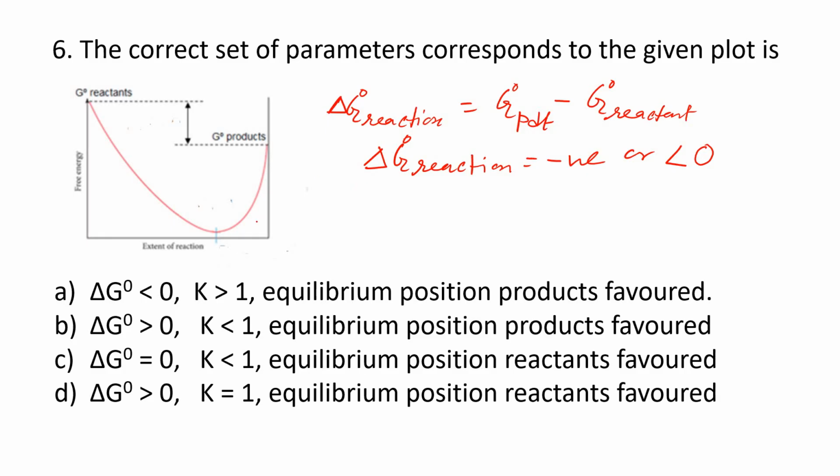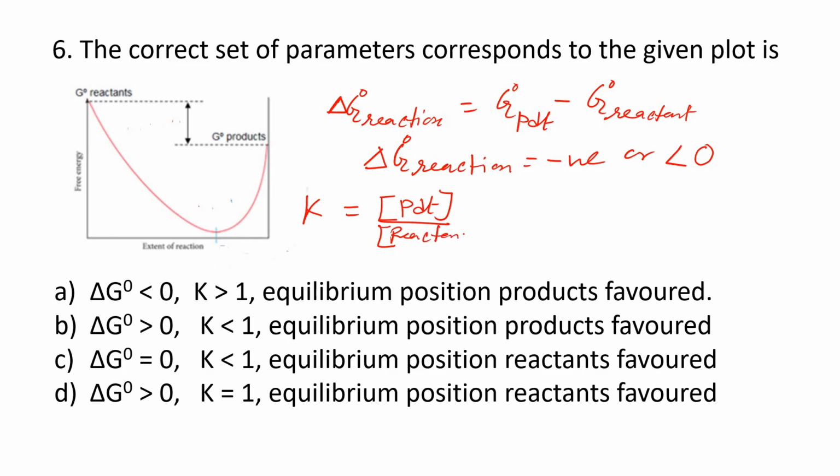Fine. Now look at this curve. Here the equilibrium is close to the product. We know that the equilibrium constant K is equal to the concentration of the product divided by the concentration of the reactant.